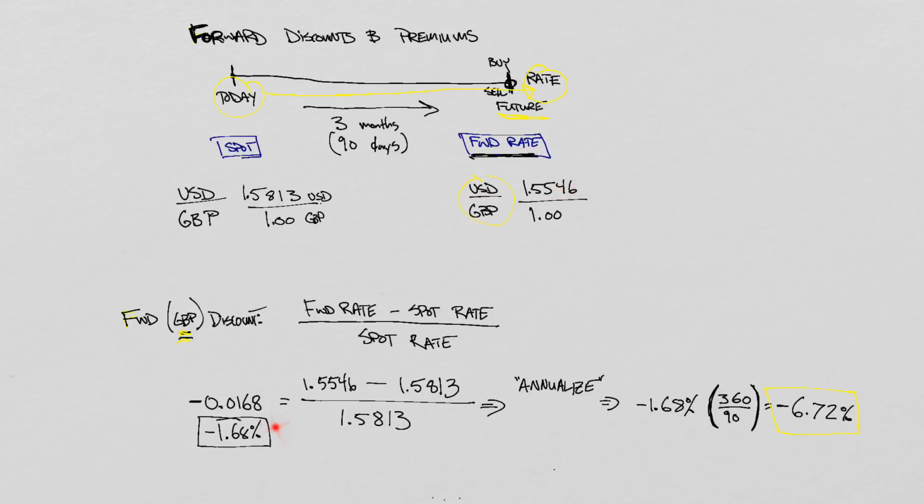And so when we looked here and we saw this negative number, this means that we're talking about a forward discount on the British pound, not the USD. So in order to make sure you step through each problem correctly, it helps to just check your logic, economic logic, each step of the way.